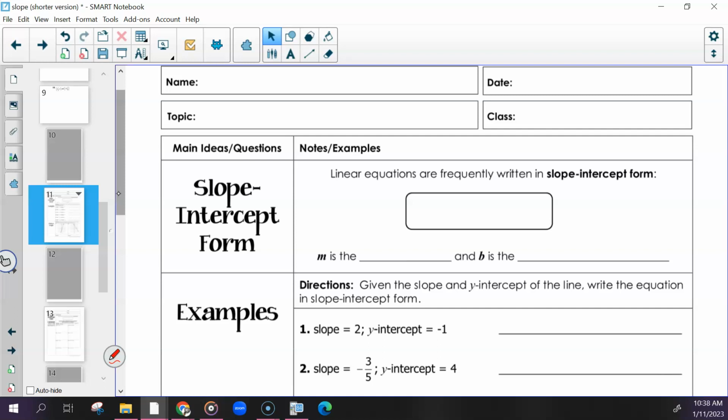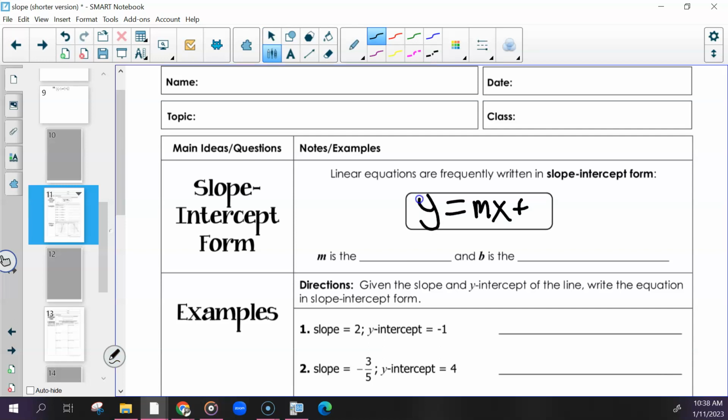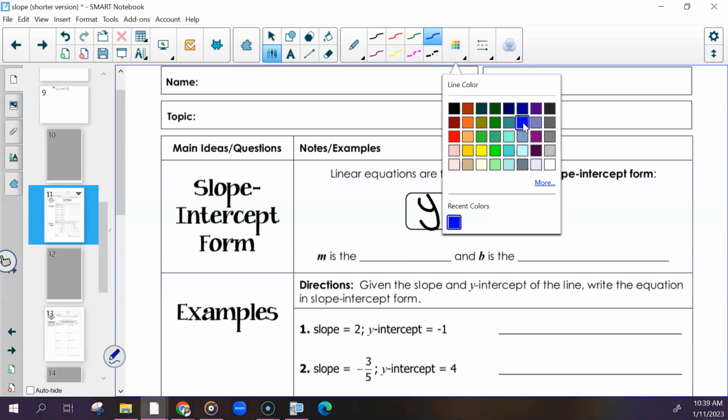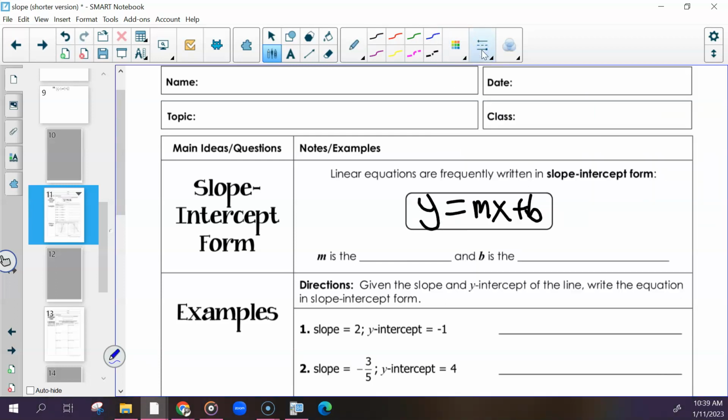Some of you may have seen this before. Your slope-intercept form is your y equals mx plus b, where we talked about last class, m is the slope. Anyone know what b is?